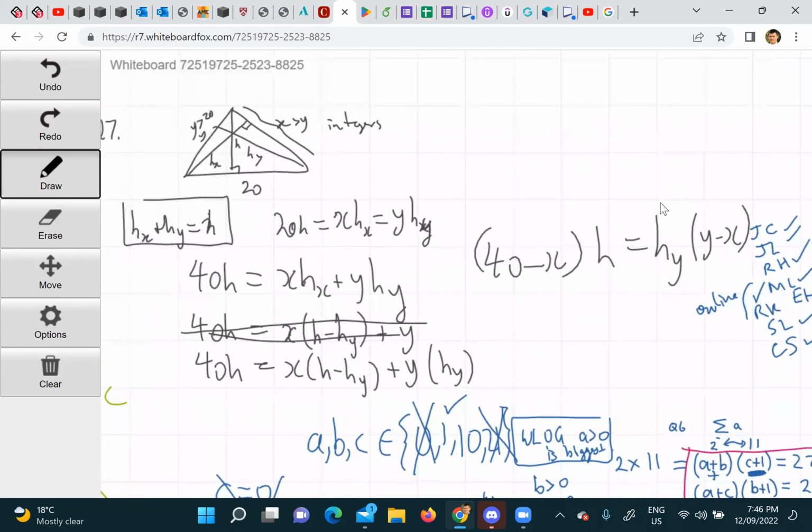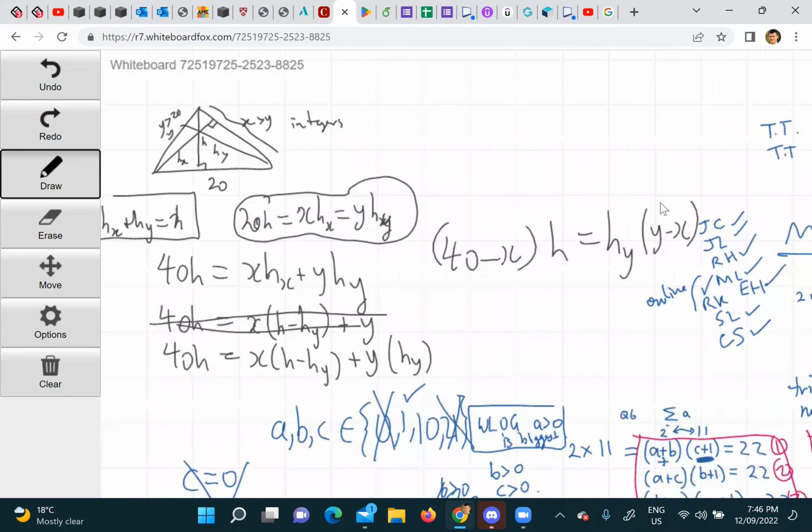Then you notice you have this relation here, so you can substitute h on hy. So 40 minus x on y minus x is equal to hy on h, which is also equal to, from here, 20 on y.